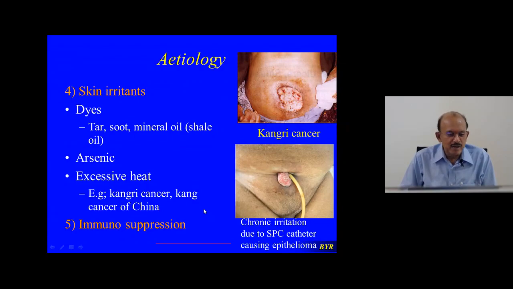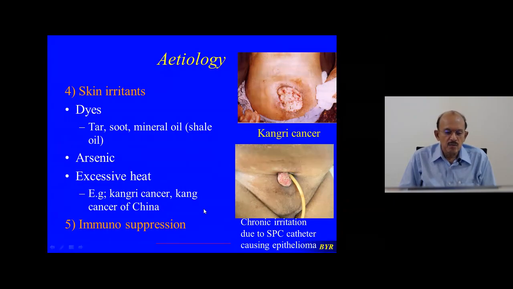You have to go to Kashmir to find the Kangri cancer. Kangri means it is an earthen pot, where the burning charcoal is placed inside it.